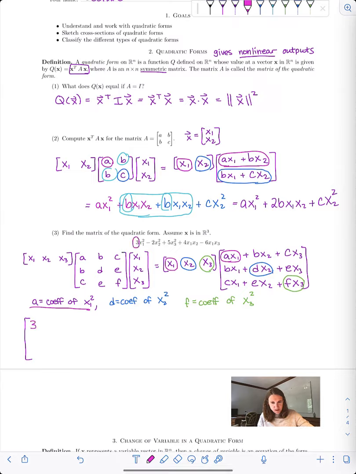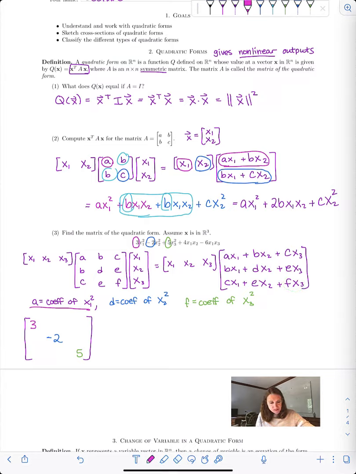So that's our A, our coefficient of x1 squared. Our coefficient of x2 squared is D, and our coefficient of x3 squared is 5. So our diagonal entries are the coefficients of the squares, and then the mixed terms show up in their own ways. Let's look at that.